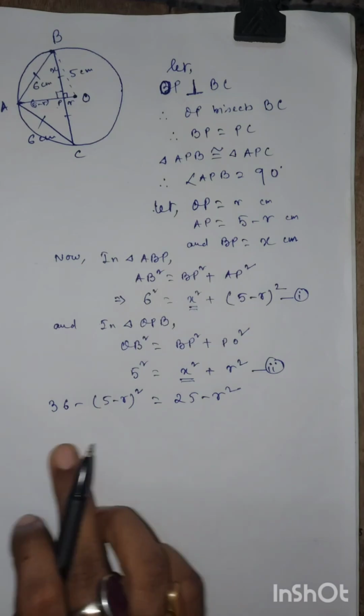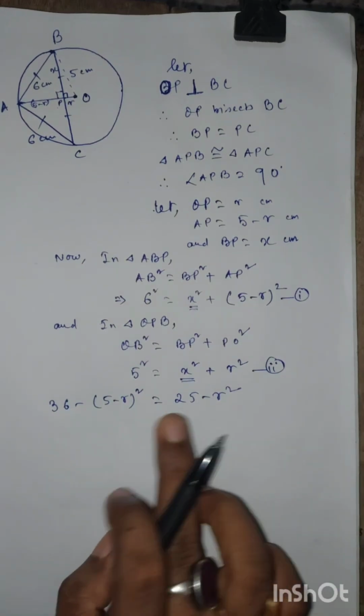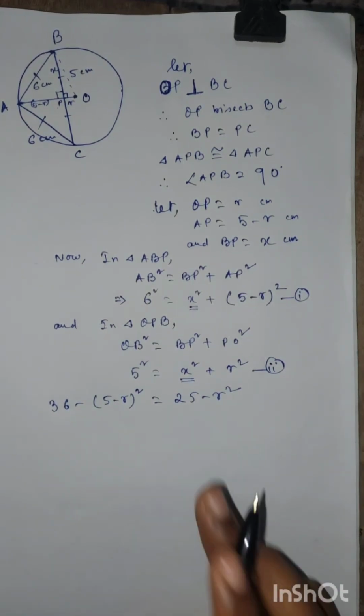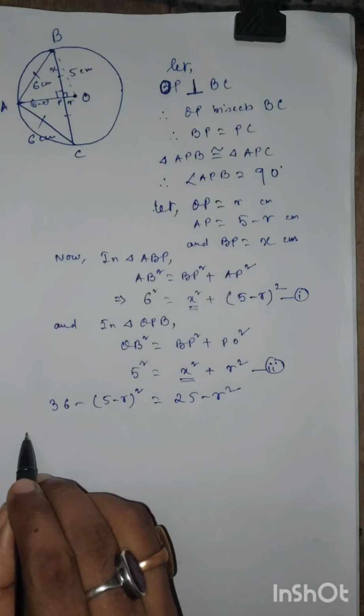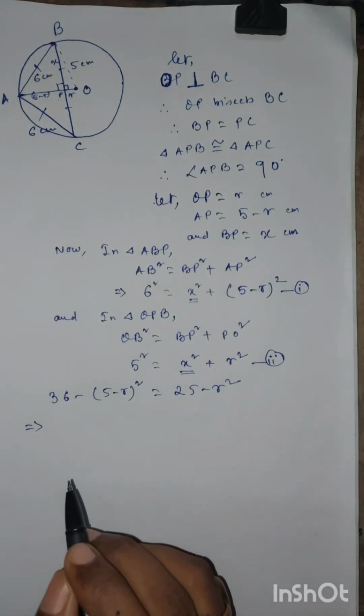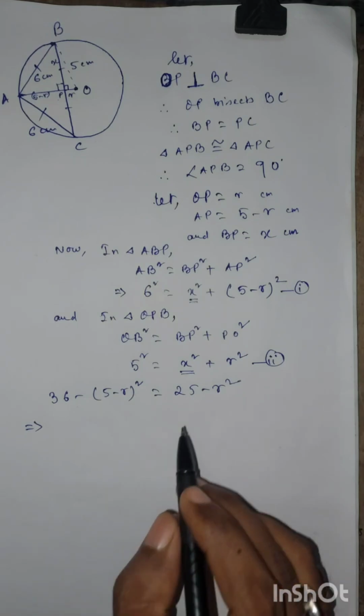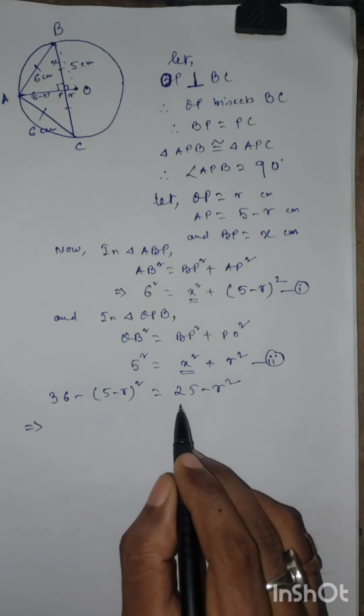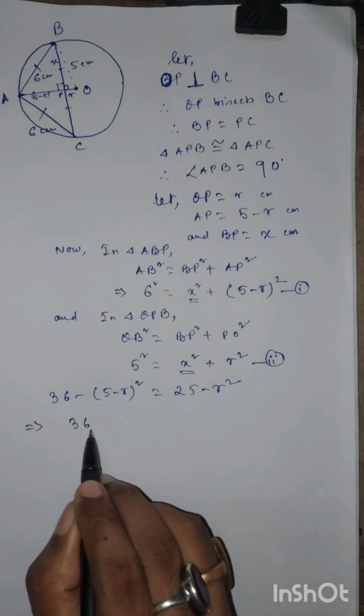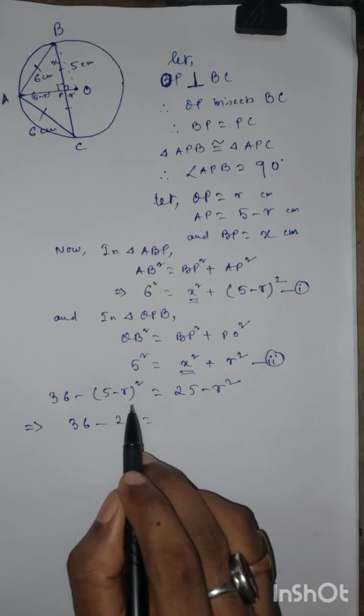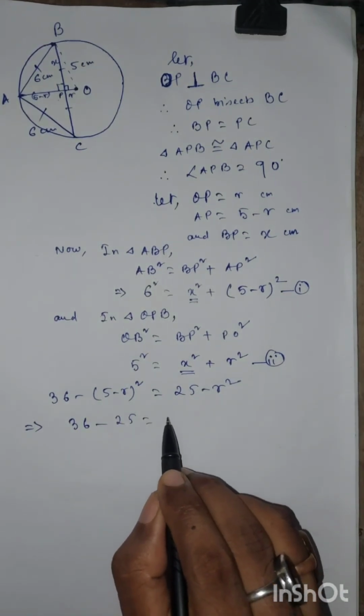Okay, these are the values of x square. Now, let us transfer 25 to the left side and transfer this quantity to the right side.